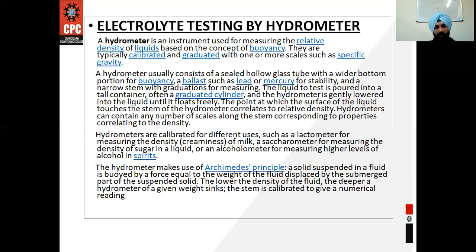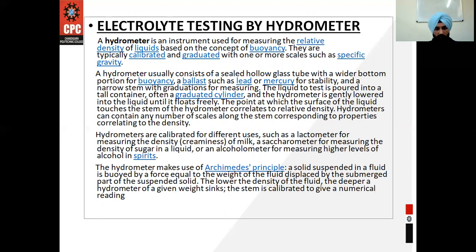A hydrometer can contain any number of scales along the stem corresponding to properties correlating to the density. Hydrometers are calibrated for different uses, such as a lactometer for measuring the density of milk and other operations.